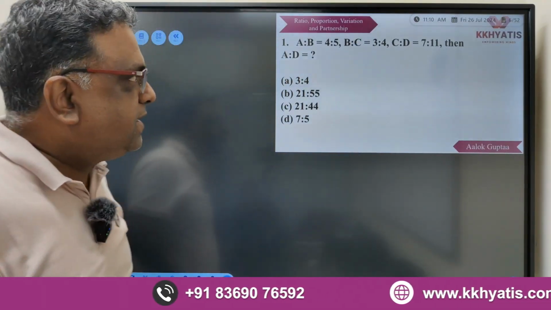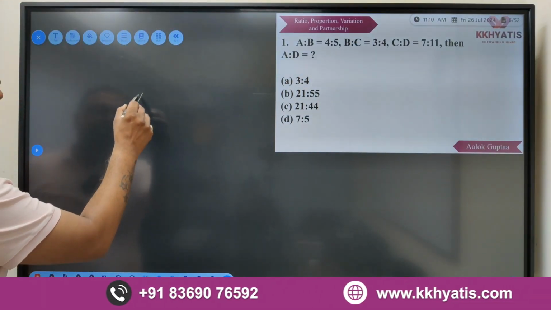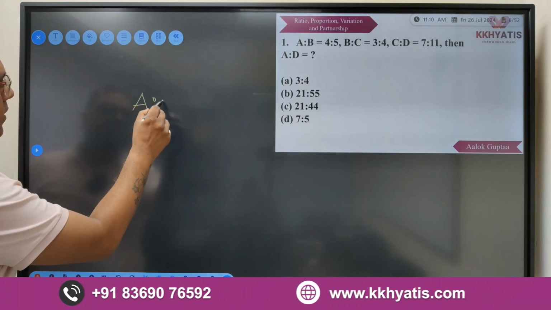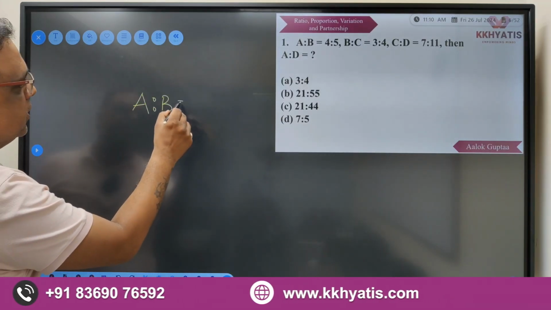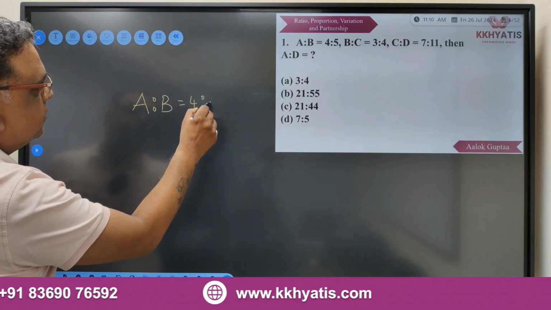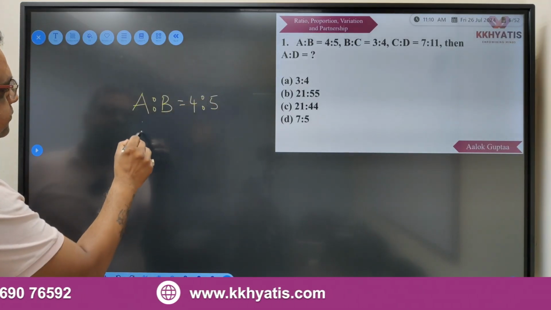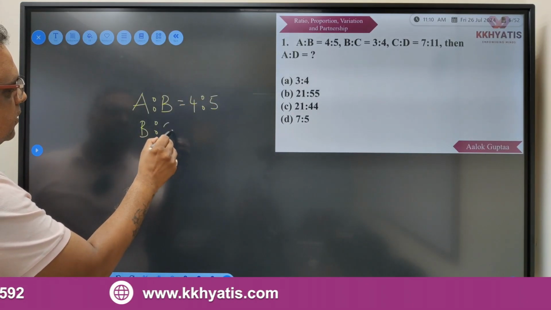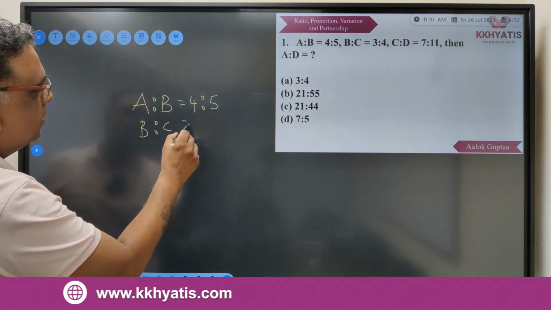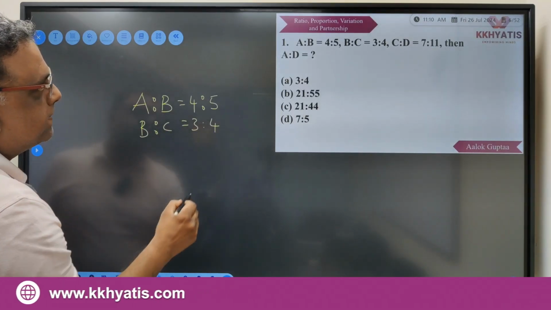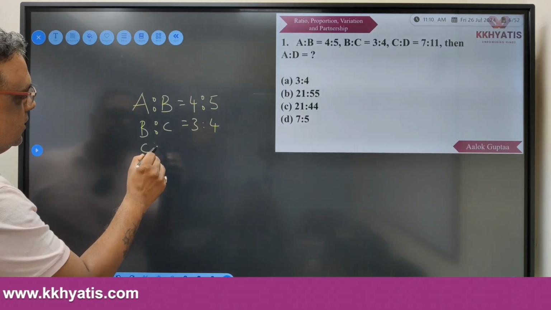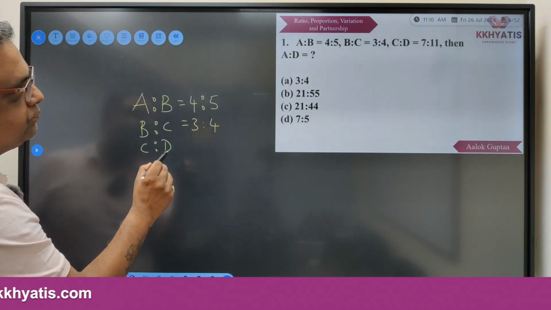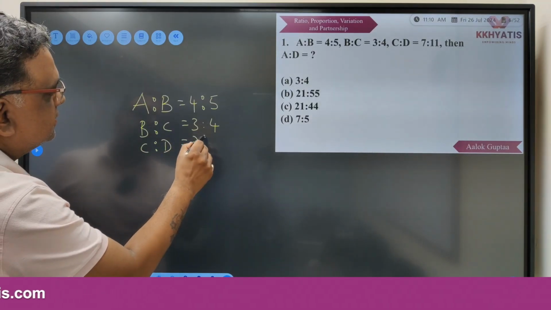So there is something known as merging the ratios. I'm being given A is to B is 4 is to 5, B is to C is 3 is to 4, C is to D is 7 is to 11.